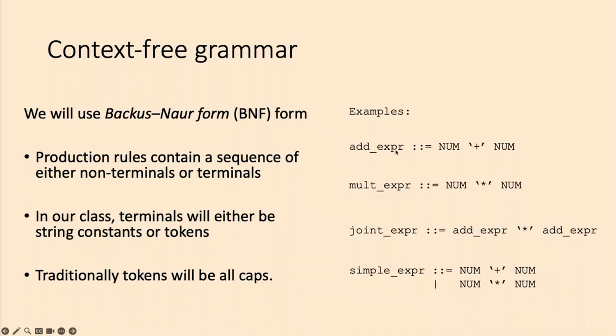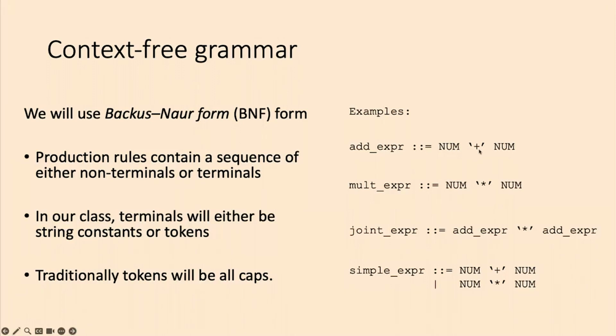That could be a non-terminal. And then we define it. A lot of times we'll use colon-equals. Occasionally, if we just say equals, it should be clear from the context. And then it has terminals. In class, we're going to be seeing terminals as tokens, which we're going to try to stick to uppercase for tokens. Sometimes in the slides, we'll use string literals.